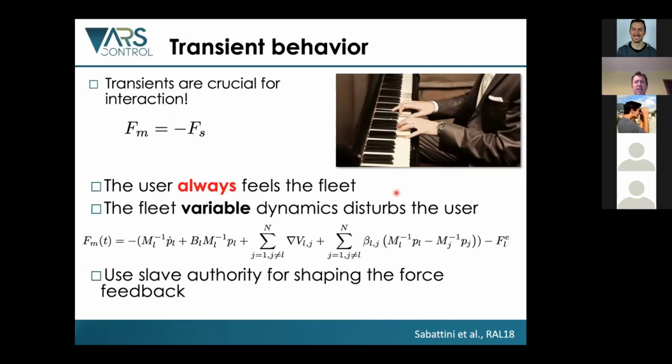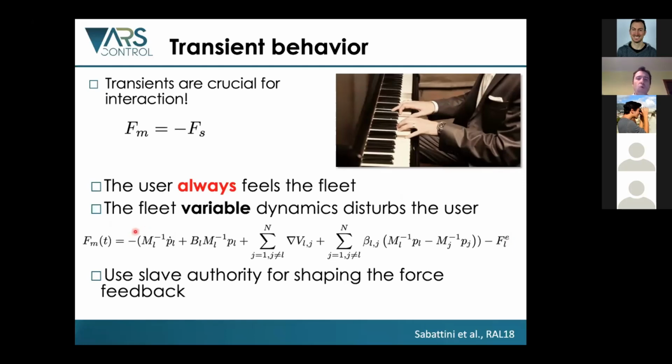So the bad thing using multi-robot teleoperation is that the user always feels the fleet. For example, if you model agents as point masses, this is what the user feels all the time. They would like to feel the external force exchanged with the environment, but they feel this.